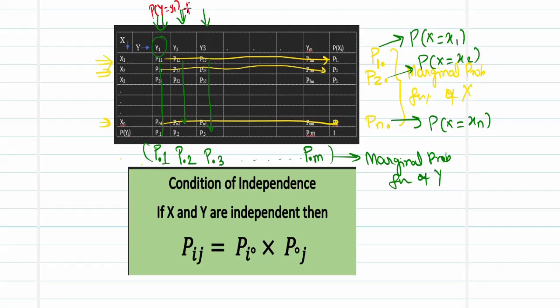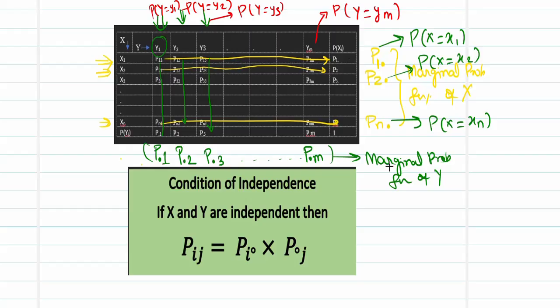The next one is probability of y equal to y2, the next one probability of y equal to y3, and so on. What will this now be equal to? Probability that y equal to ym. So in this way, your individual probabilities which are estimated are referred to as the marginal probability function of x and the marginal probability function of y.